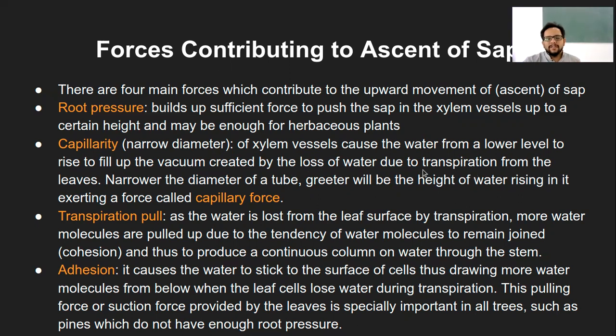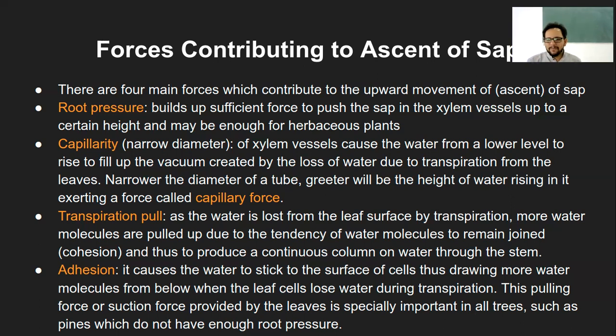So transpiration will happen, that space will become like a vacuum, and it will pull up more water from the bottom of the plant, that is from the root side. And due to the narrow diameter of the capillaries or the xylem vessels, it will create that capillary action, so that more and more water is pulled up.